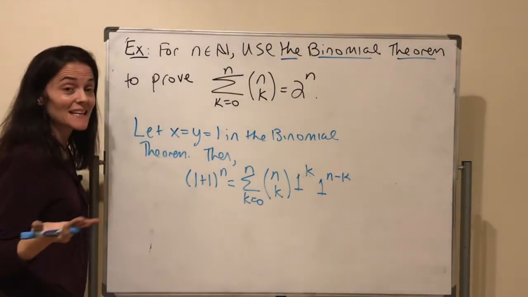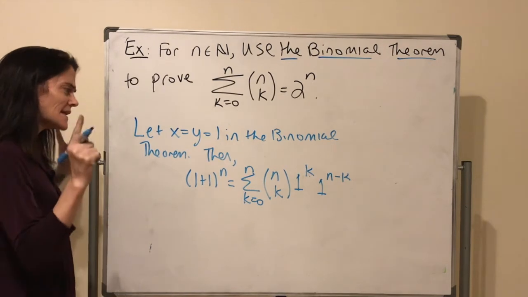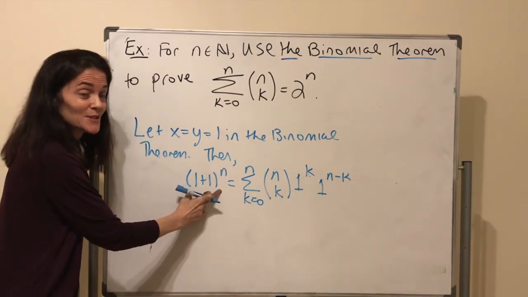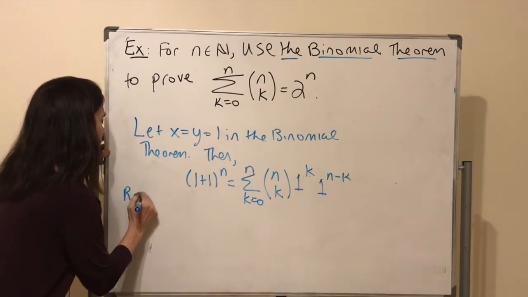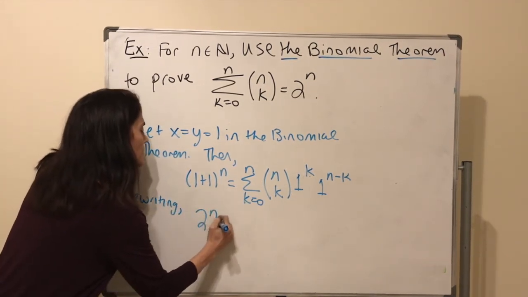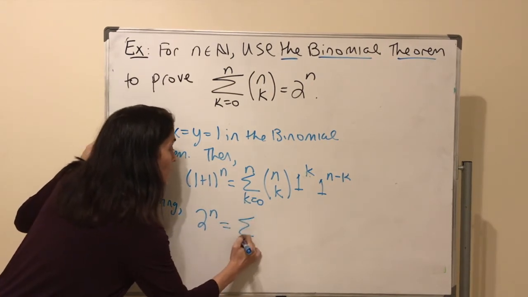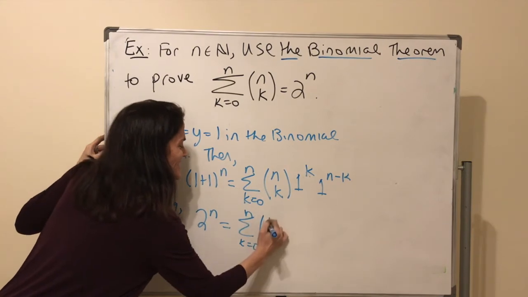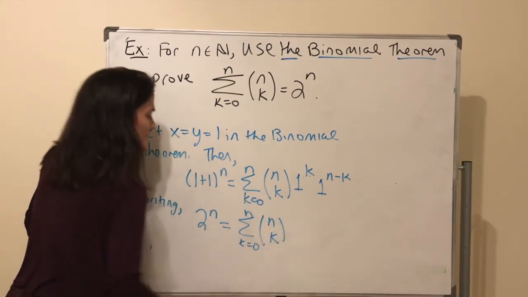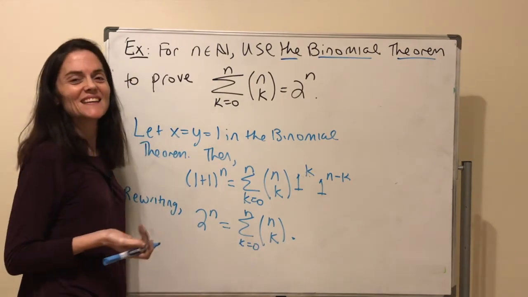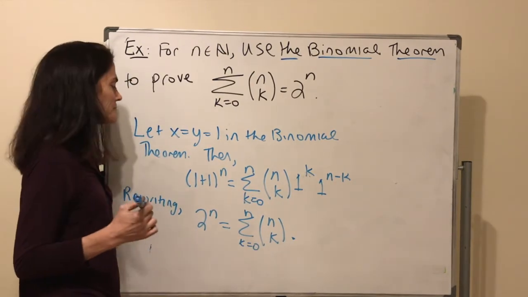This is exactly the binomial theorem. Now, 1 plus 1 to the n, this is 2 to the n. So rewriting, we get 2 to the n, and 1 to any power is 1, so this is n choose k times 1. And this is the end of our proof using the binomial theorem.